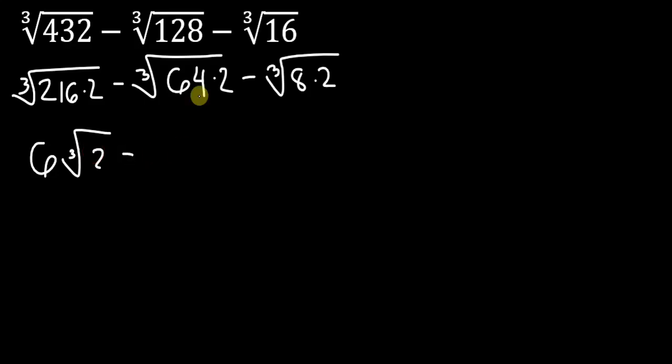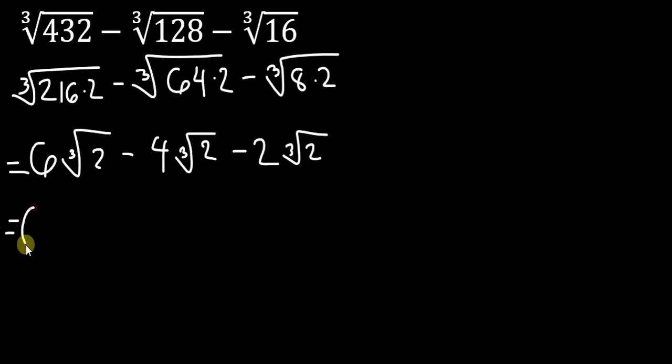Minus cube root ng 64, that is 4. Cube root of 2, may iwan sa loob yung 2. How about cube root of 8? That is 2. And may iwan sa loob yung 2. So, pare-pareho na sila ng radicand. Pare-pareho yung 2. So, pwede natin silang pag-subtractin.